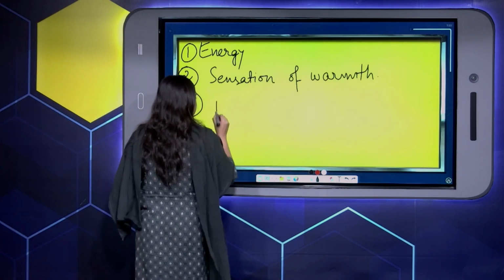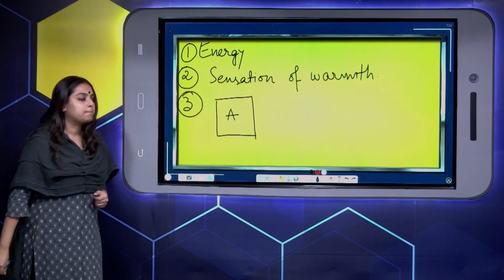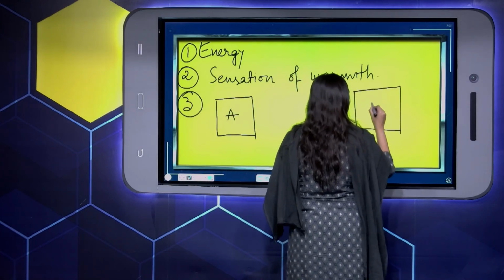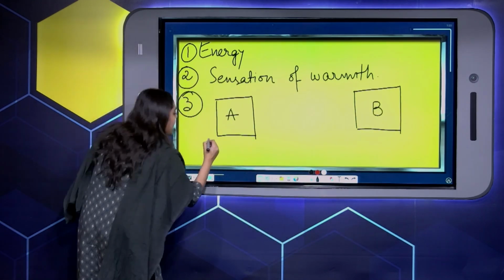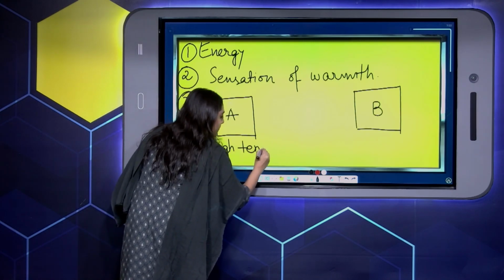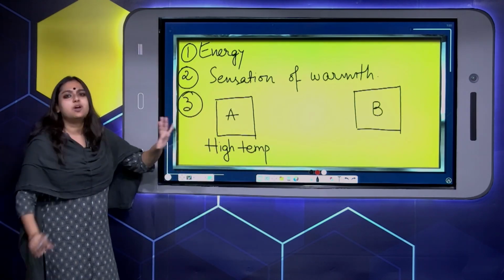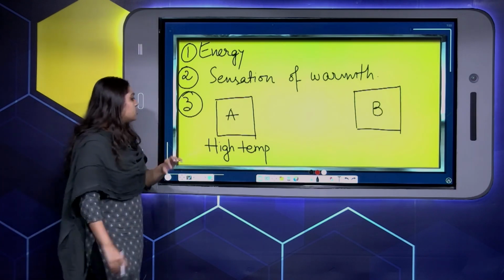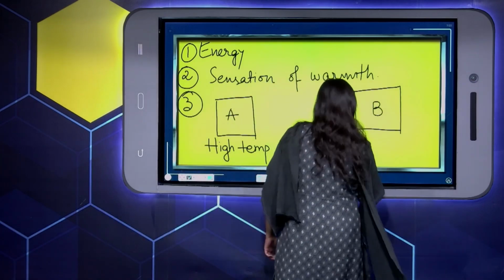Suppose, let us consider this is a body A. Clear? There is another body which is named B, right? Now, A is at higher temperature. I will come to the basic definition of temperature later on, but we all know what temperature is. It is the measure of hotness of a body, right? So, A is at higher temperature and B is at lower temperature.